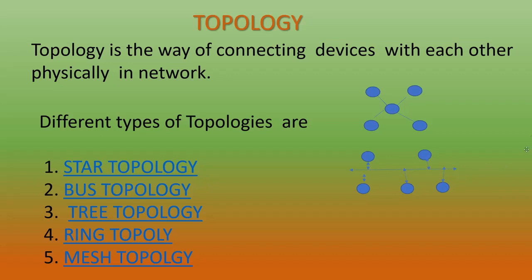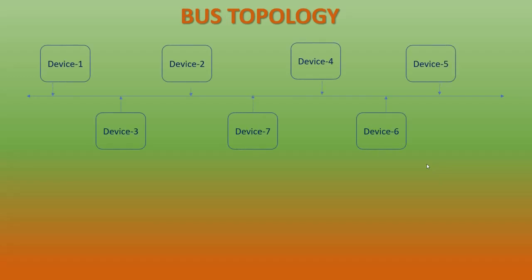See the picture once again. In bus topology, there is a common cable, and using that common cable, devices are connected. This cable is known as the backbone, and all the nodes are directly connected to the common cable.